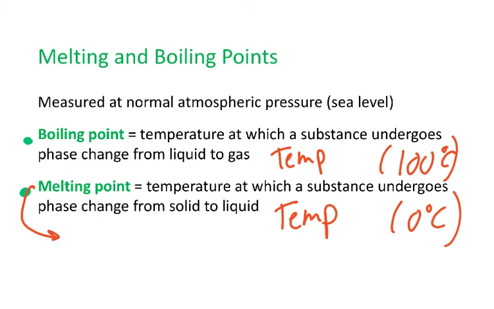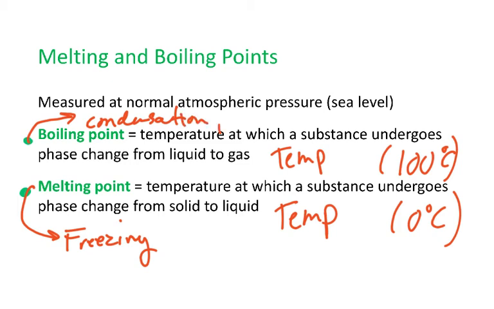And just to point out that the melting point is identical to the freezing point, right? Same temperature. Liquid freezes at the same temperature that the solid melts, and the boiling point is the same as the condensation point. It just depends on which way you're thinking about it, or which way you're going.